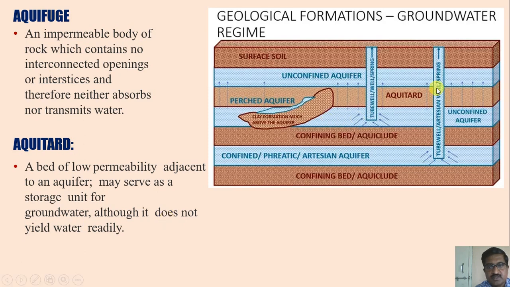So in this cross section, right from the subsurface soil, followed by unconfined aquifer, followed by aquitard, then unconfined aquifer again, followed by the confined bed or aquiclude, then the confined or artesian aquifer is shown here, which is followed by a confined bed, also called an aquiclude.